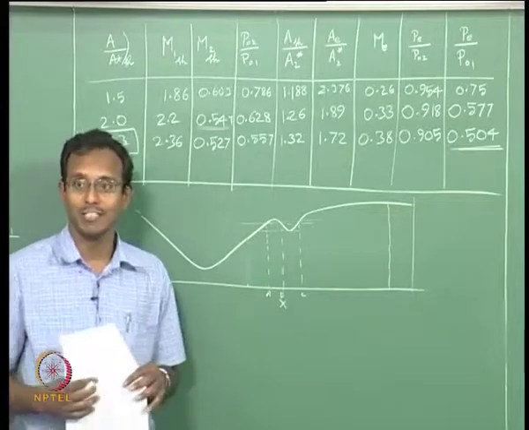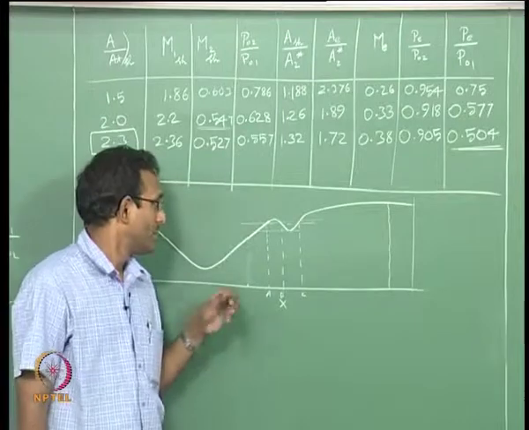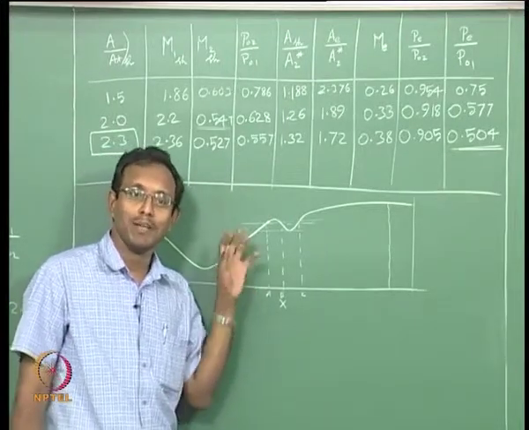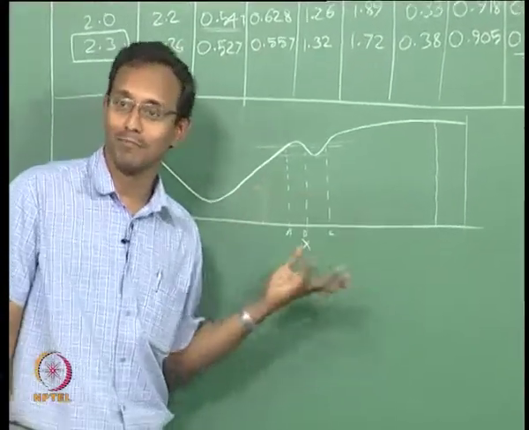I still have A or C, both are divergent ducts. Now, which one will it be? It depends on history, whatever the history of the shock.